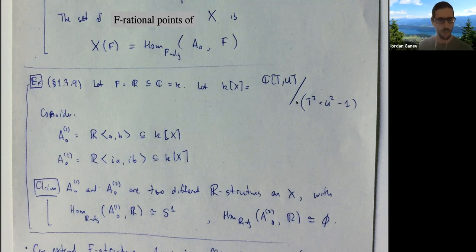And we have these two F subalgebras, with F being the real numbers. These are two different R structures on X. That's the claim, and you can think about why that's true. When we compute the R points for the first one, we get the circle S1 inside of R2. And if we compute the second one, then we don't get any R rational points.